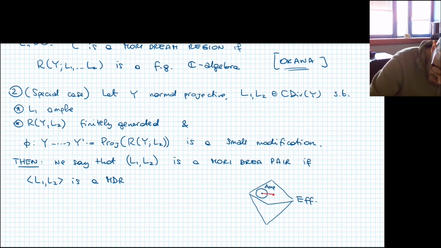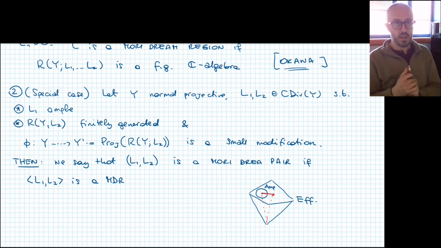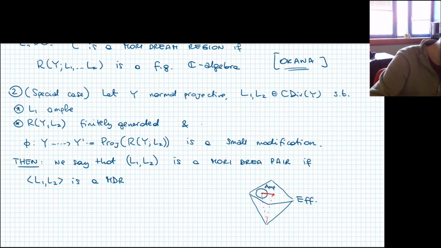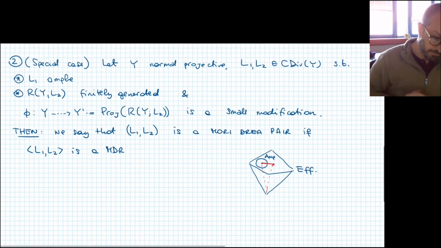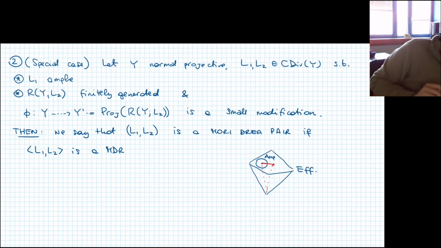And we want this segment, or this one-dimensional cone, to be the Mori dream region. Okay. So this definition is the starting point of our connection.